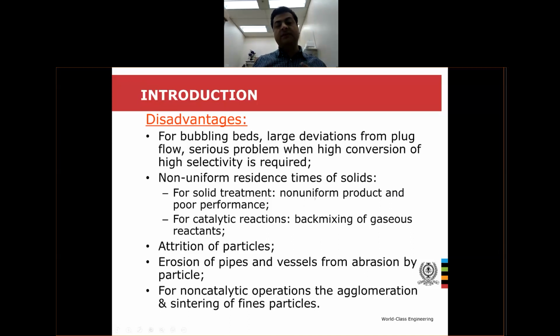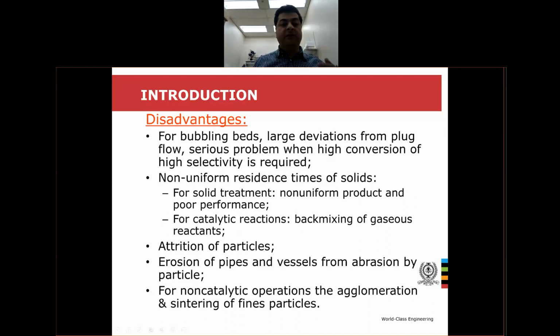But I can say that some of the most important problems with fluidized beds are attrition of particles. For example, if you have catalyst particles that are not mechanically strong, since particles always collide with each other and touch each other, they could break, and you end up with smaller particles, and in the end you might lose your catalysts, which are expensive material, in the outlet of the reactor.